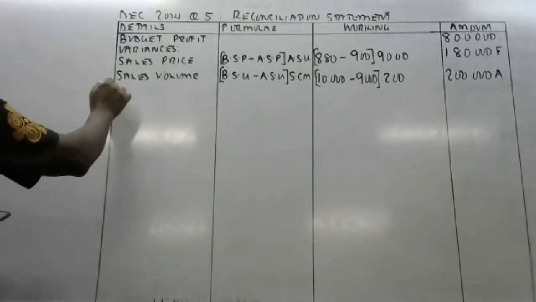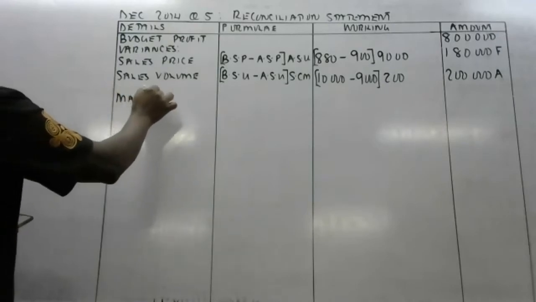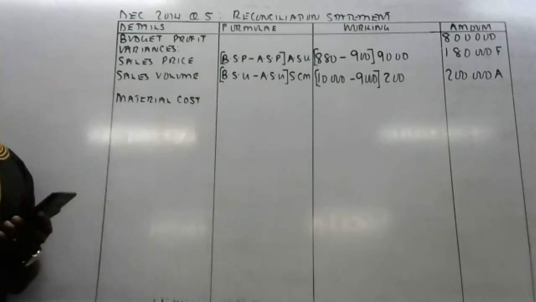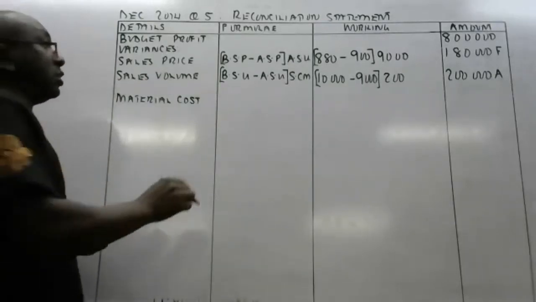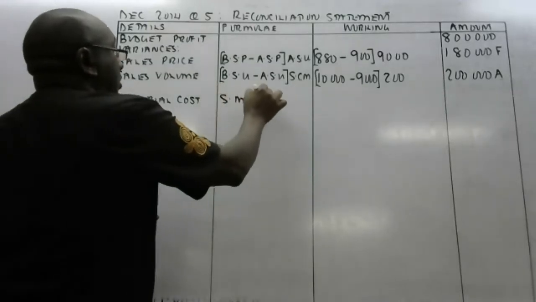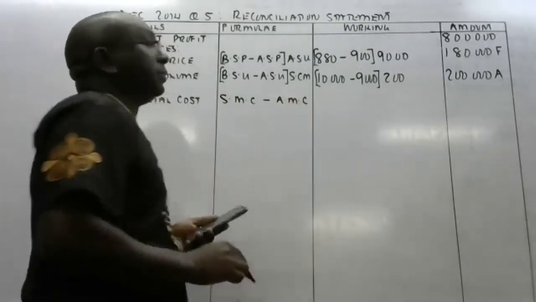The next one is material costs. Now, when it comes to material cost, we know the formula is standard material costs minus actual material costs.